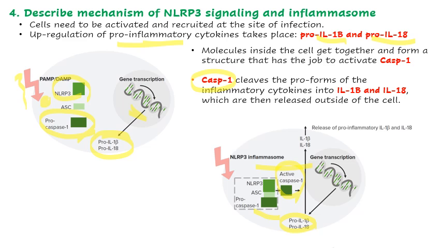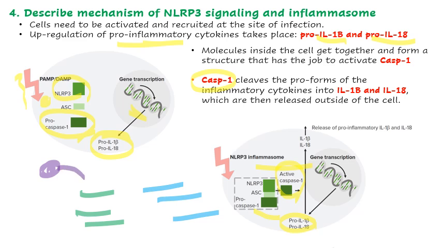Let's say we have here pro-IL-1 beta, and these guys are pro-18. And here you come with your cascade, your caspase-1 that got activated. Okay, so caspase-1 can go here and chop this guy, and chop that guy, and chop this guy, and chop the other guy, and keep on chopping.